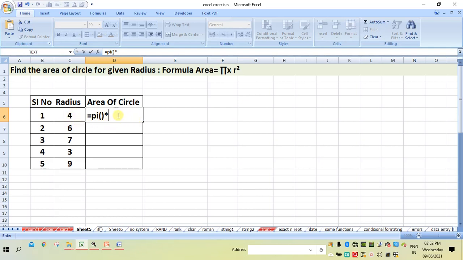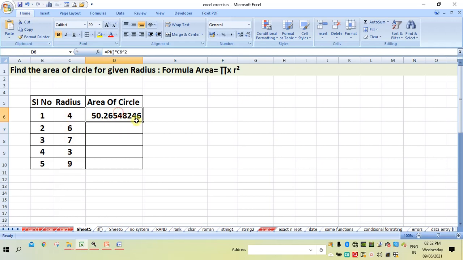So instead of writing 4, I will write a cell address. Then to the power of 2, that is caret then 2. This is how the formula can be written here to calculate the area for the radius 4. So this is the area of circle when radius is 4.